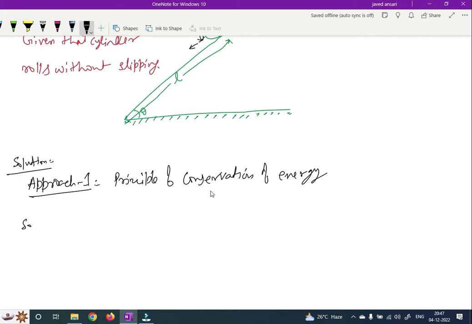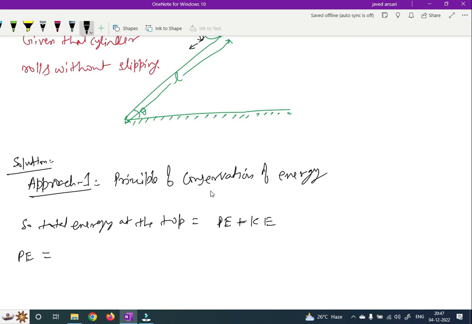So the total energy at the top will be how much? Potential energy plus kinetic energy. Any other energy you can think of? I guess there is no other energy here. So what is the potential energy?